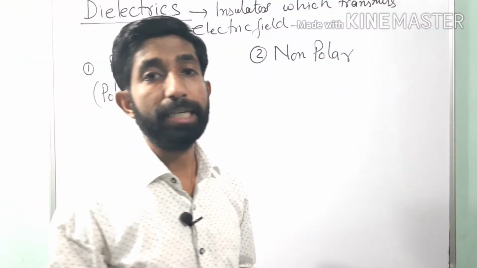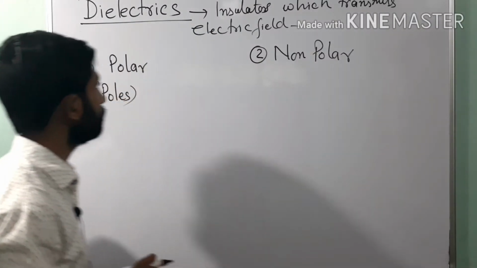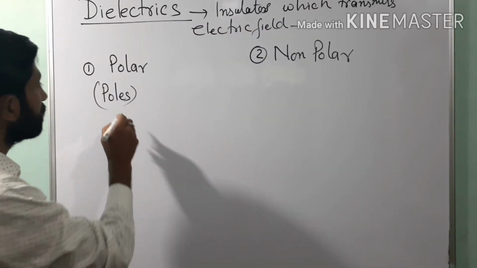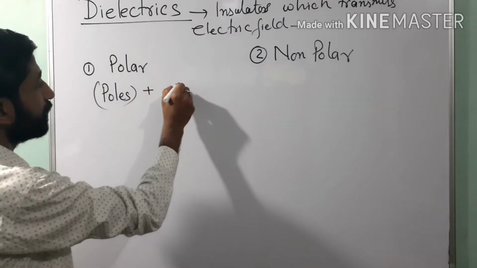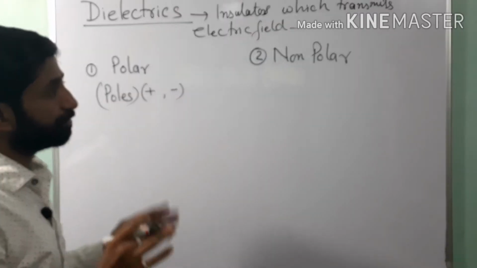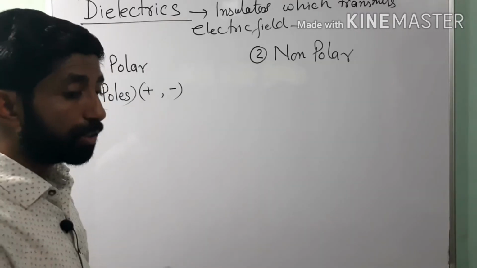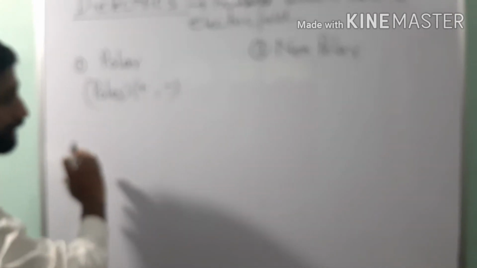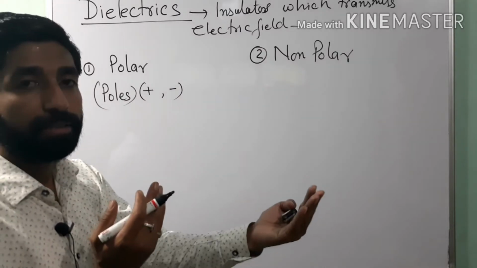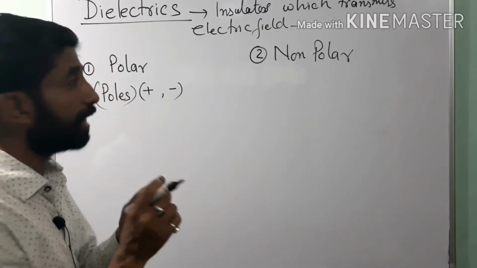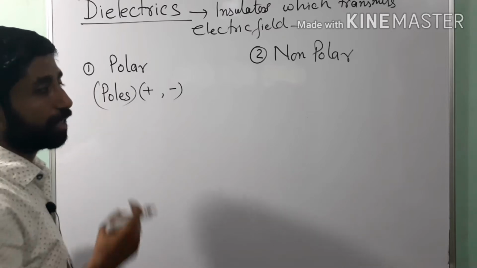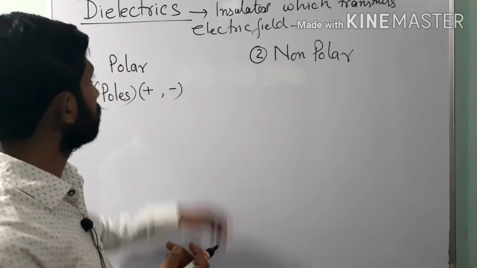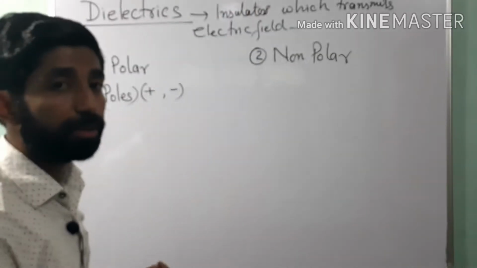In the study of cells we generally use these terms, but here pole means charges, negative charges and positive charges. So if any molecule has a positive part and another part of negative charge, then those molecules are called polar molecules, or the molecules forming this sort of dielectric are called polar molecules.